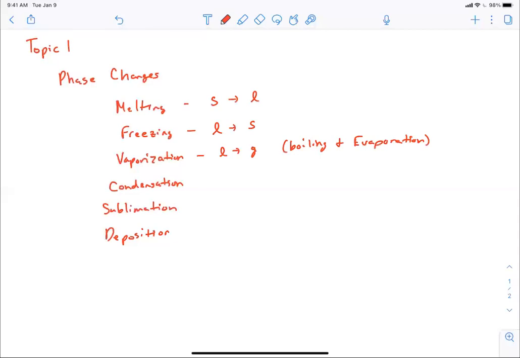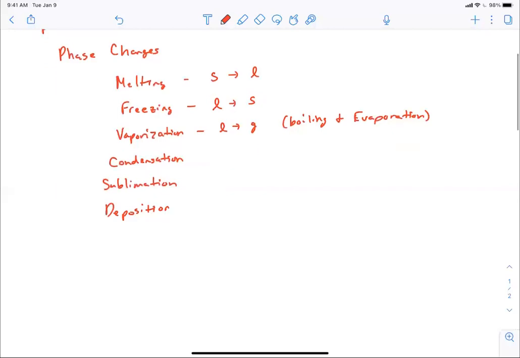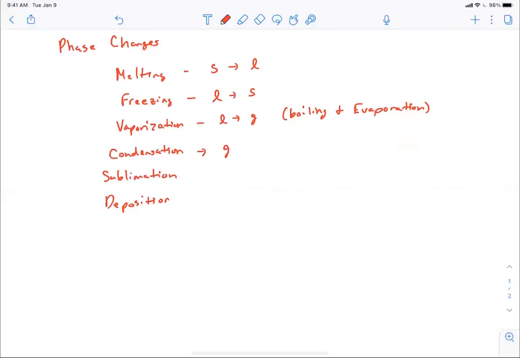Remember, evaporation only occurs on the surface and at any temperature, whereas boiling occurs specifically at the point where the vapor pressure of the liquid is equivalent to the atmospheric pressure. We'll talk about that more in equilibrium later on. Condensation is gas to liquid. Sublimation is solid to gas. Deposition is gas to solid.